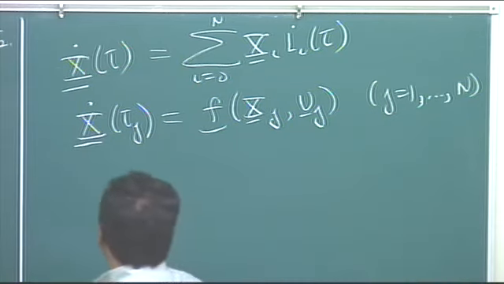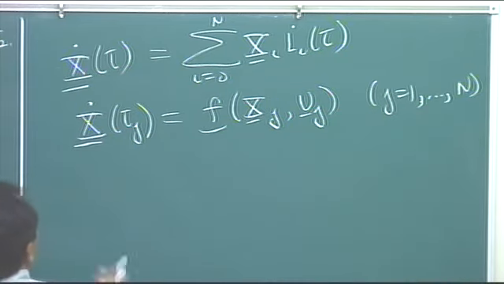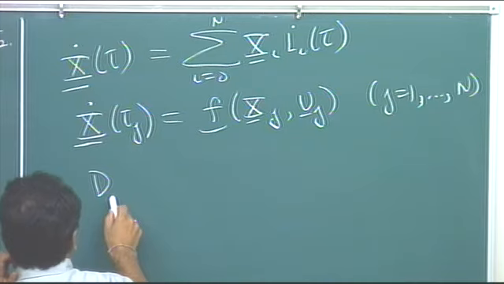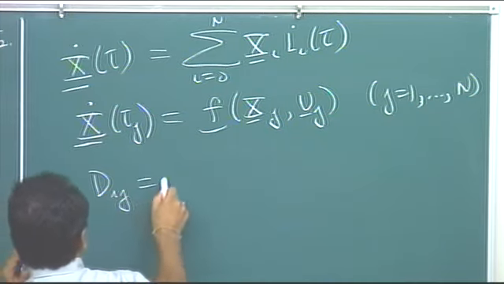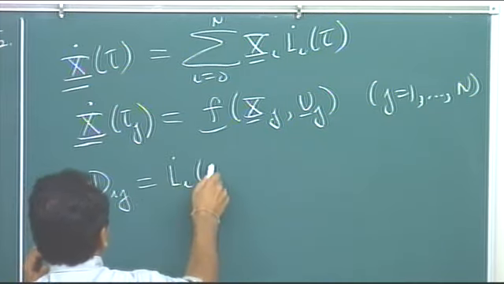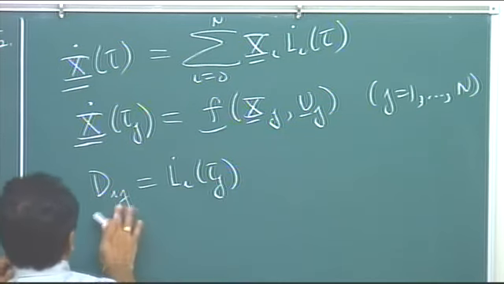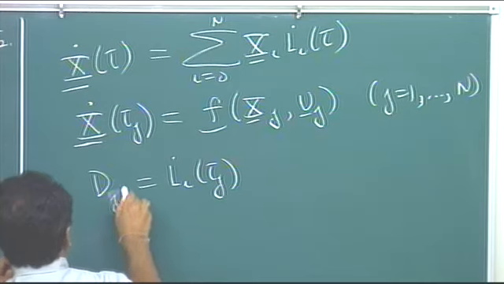And in the process of doing that construction, we noticed that this differentiation matrix, which we can call Dij, which is equal to li dot of tau j, well, actually I called it Dji, if I remember correctly.